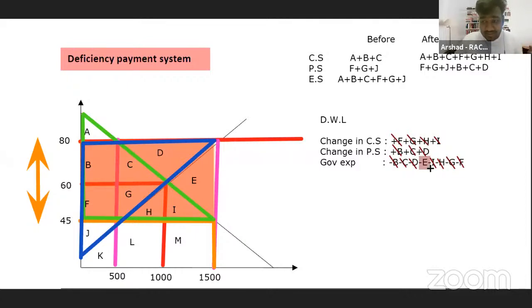Gone. So that is that story. So the deadweight loss becomes what? Your deadweight loss is equal to E. Understood? That's how you calculate deadweight loss. Don't just memorize the thing. So in our example, deadweight loss is this E part.